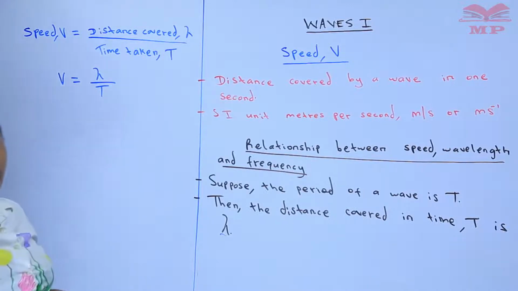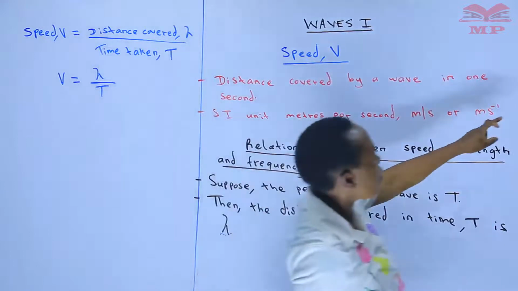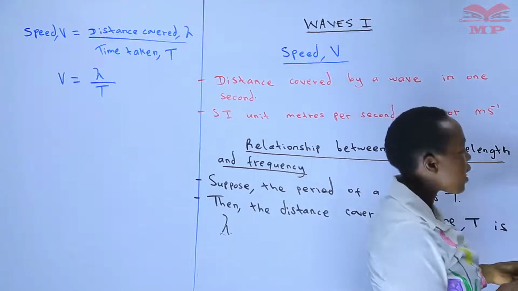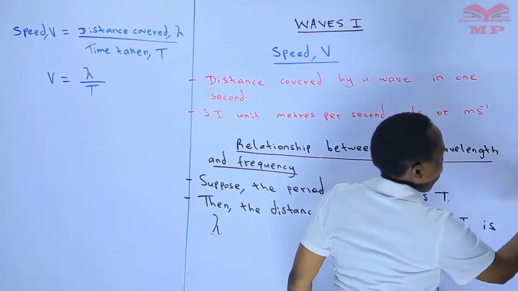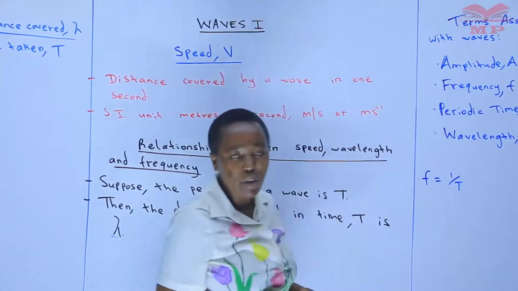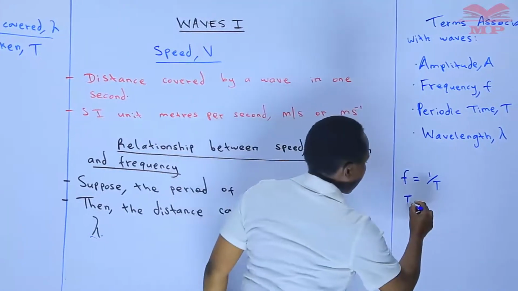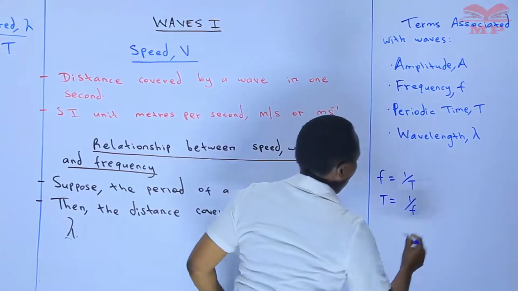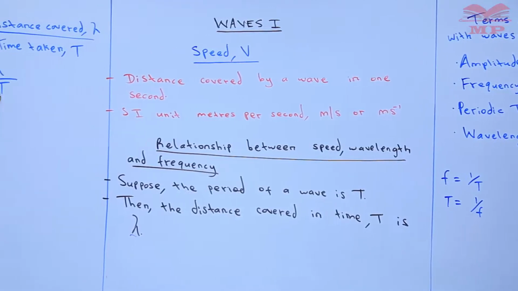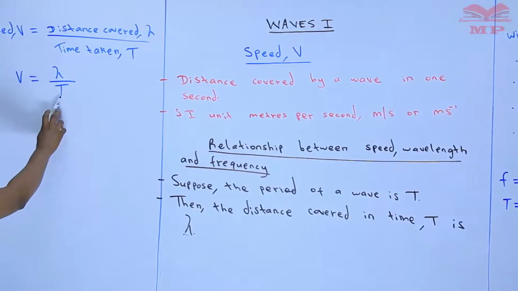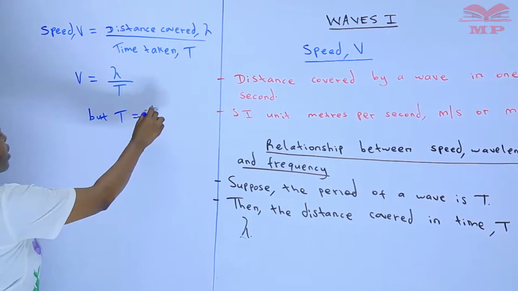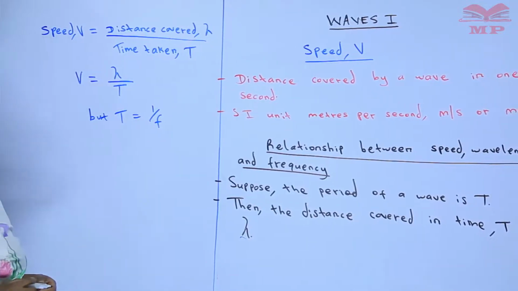But when we were defining these terms, frequency and periodic time, we realized that there is a relationship between the two, whereby frequency is the reciprocal of the periodic time, and the periodic time is the reciprocal of frequency. And therefore, in our denominator here, which is the periodic time, we can say that periodic time is the reciprocal of the frequency.